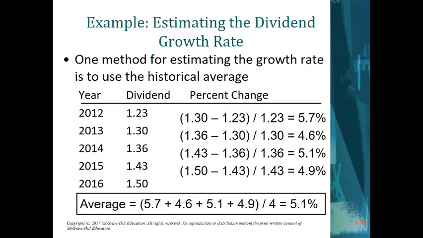So here you have 5.7%, 4.6%, 5.1%, and 4.9%. Okay, so for 4 years, you add those up and divide by 4 to come up with an average dividend growth rate of 5.1%. So certainly that's one way to do it, if there's not like a stated exact growth rate stated by the company.